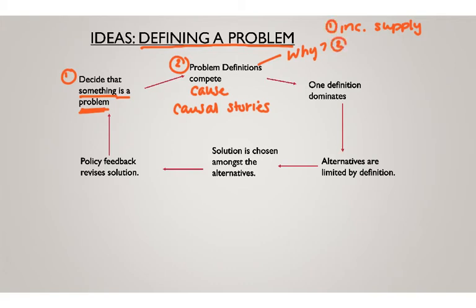There were some law enforcement actors, particularly from the Drug Enforcement Agency, that said the problem is that the Mexican cartels are actively sending over these drugs, and these drugs are causing people to overdose. Usually one definition or a cluster of definitions dominate.